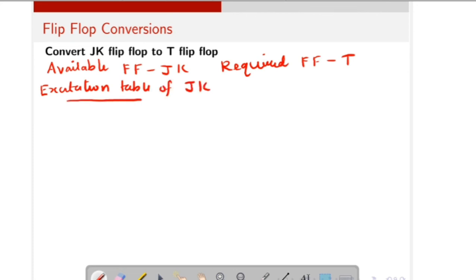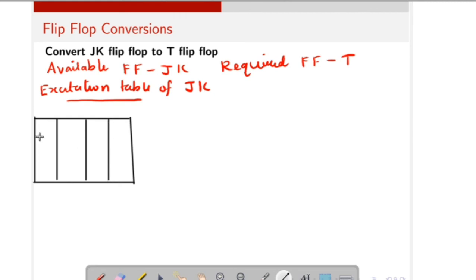So the excitation table of JK has 4 columns. The inputs are Qn and Qn plus 1, and outputs are J and K. So this is the table.